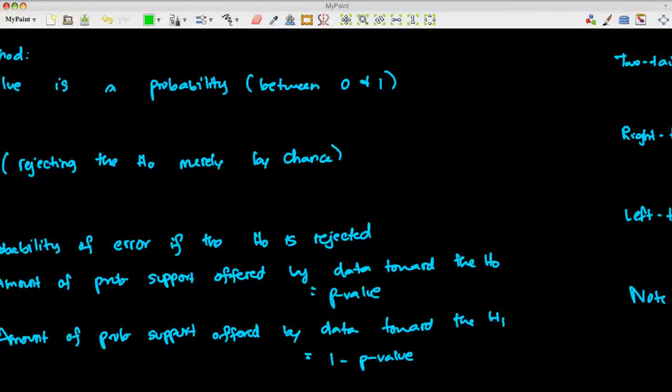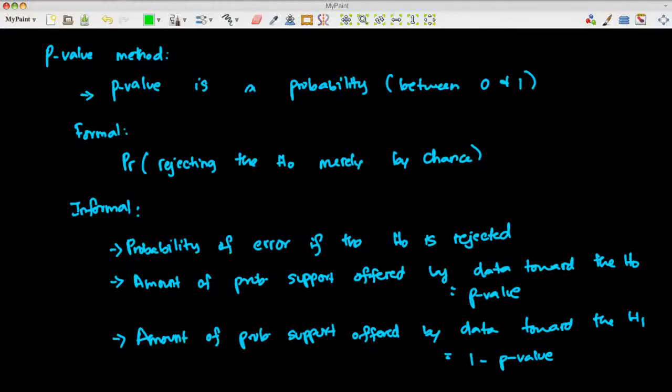So the formal interpretation is great, but if you want to use an informal interpretation of the p-value, I would recommend the first one as the easiest. You can use the latter two informal interpretations, but it might get quite confusing in certain situations. But if you can follow the formal interpretation, more power to you. It is great. But if you're having difficulties understanding it, you can use the first informal interpretation to get a better sense of p-values.